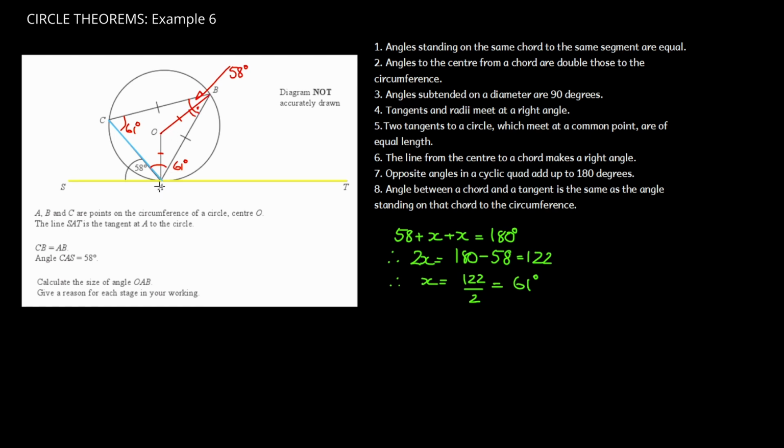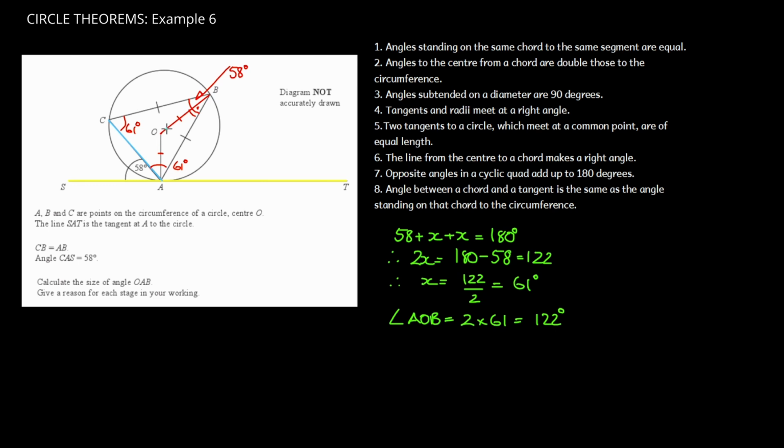Effectively, AB is another chord on which two lines are subtended to the center and two lines are subtended to the circumference. And Theorem 2 states that the angles to the center of a chord are double those of the circumference. Okay, well, it means that the angle AOB is double 61, which is 122 degrees.